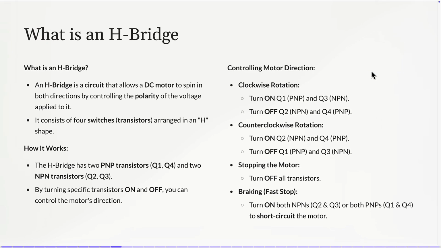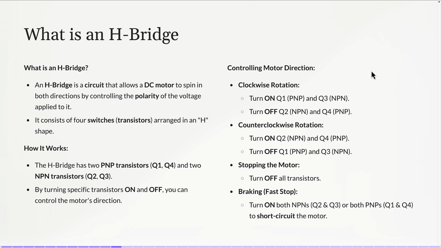Okay, so to summarize, an H-bridge is a circuit that allows a DC motor to spin in both directions by controlling the polarity of the voltage applied to it. Polarity means in which direction we want to make the motor move. It consists of 4 switches, which I'm going to explain now, arranged in an H shape. This is why we call it an H-bridge.